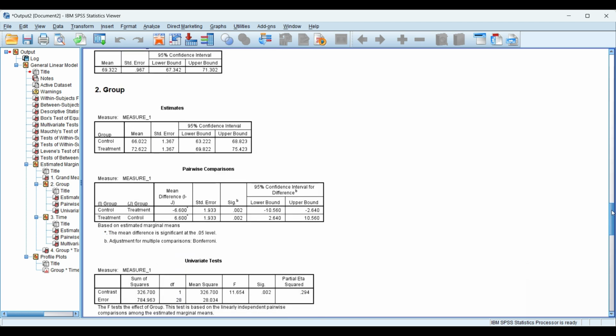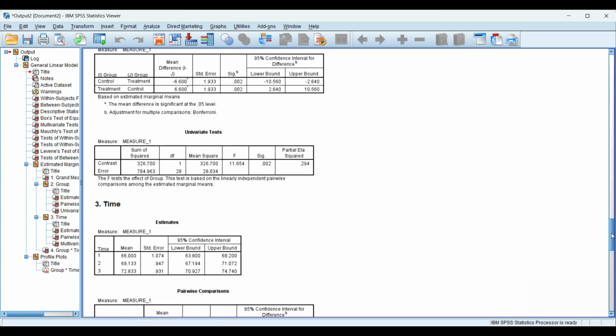And now we move to the group estimates. You can see the treatment group had a higher overall estimated marginal mean than the control group. So it confirms that participants receiving the treatment performed significantly better overall.